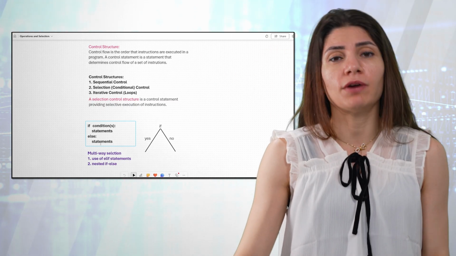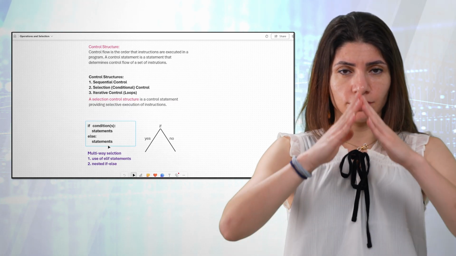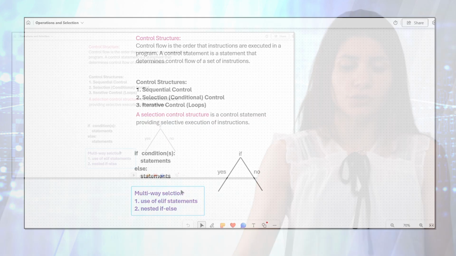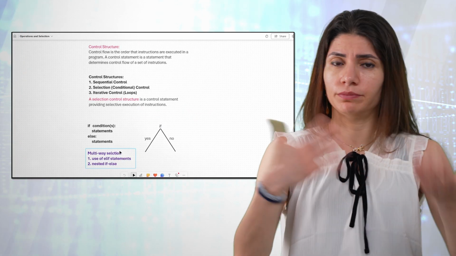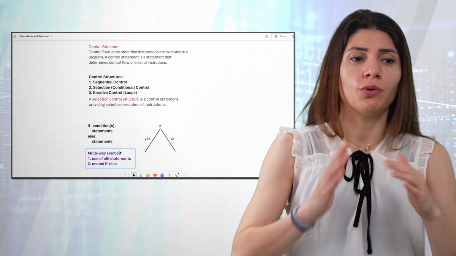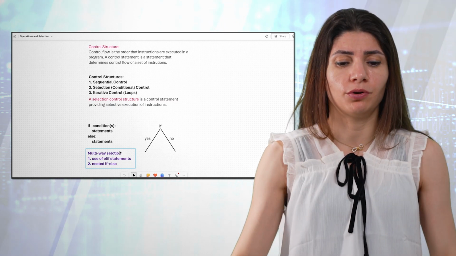If you want more than two options, more than two paths, then you do one of the multi-way selections. You can use elif statements, or you can do nested if else. Either one is going to work. They are equally the same. It depends which one you prefer or which one looks better in your program.